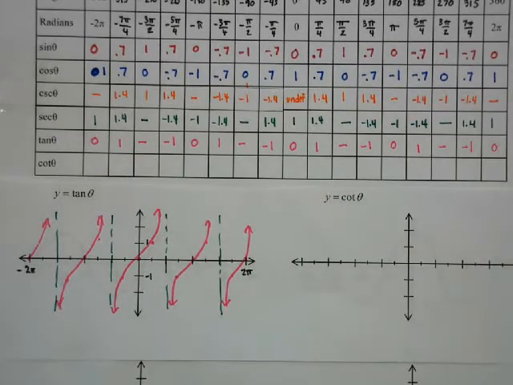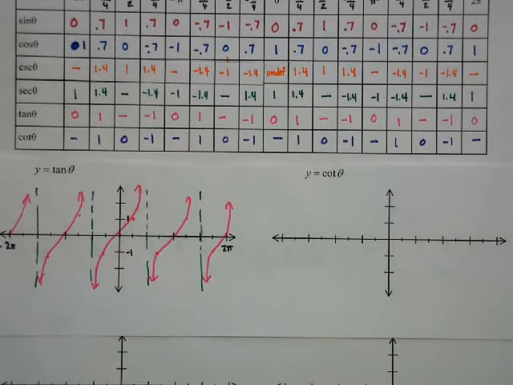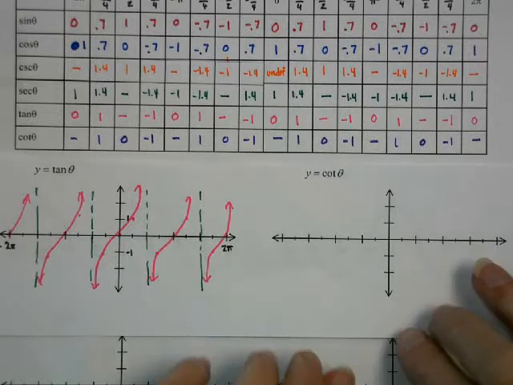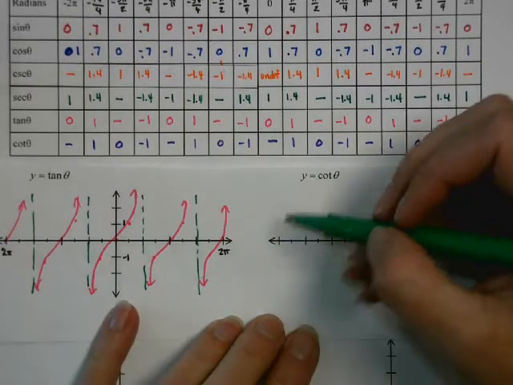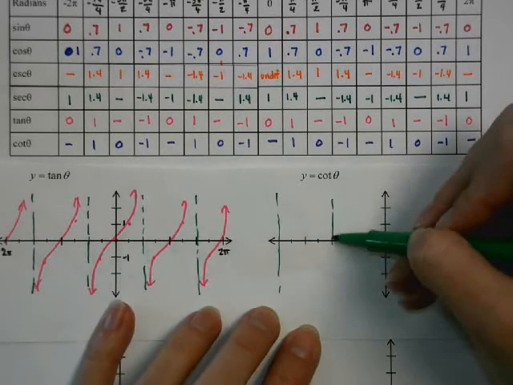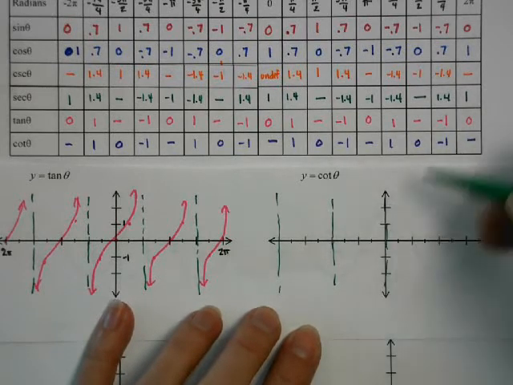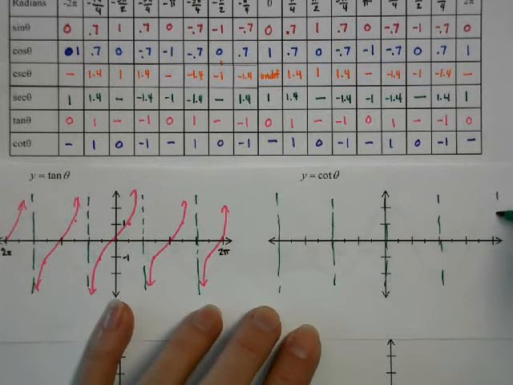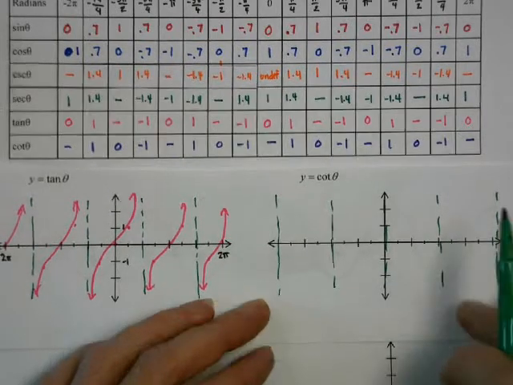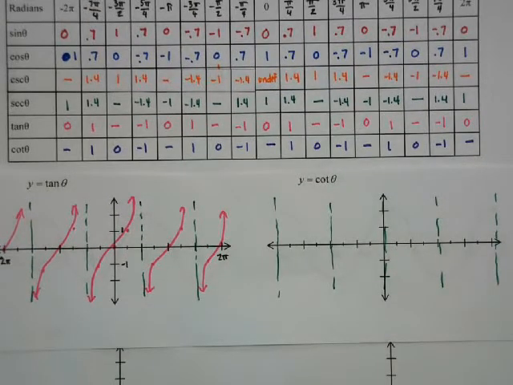And we'll do the same thing with cotangent. Okay, here are the values for cotangent. We're looking at the x over the y. And we will graph this one. The asymptotes for cotangent: negative pi over 2, negative pi, 0, pi, and 2 pi. And then this one, if we look at the pattern, goes 1, 0, negative 1.